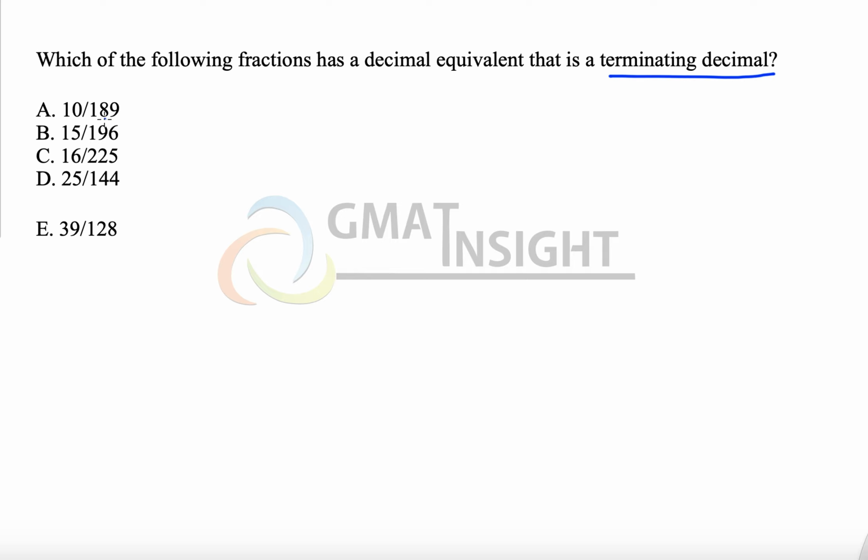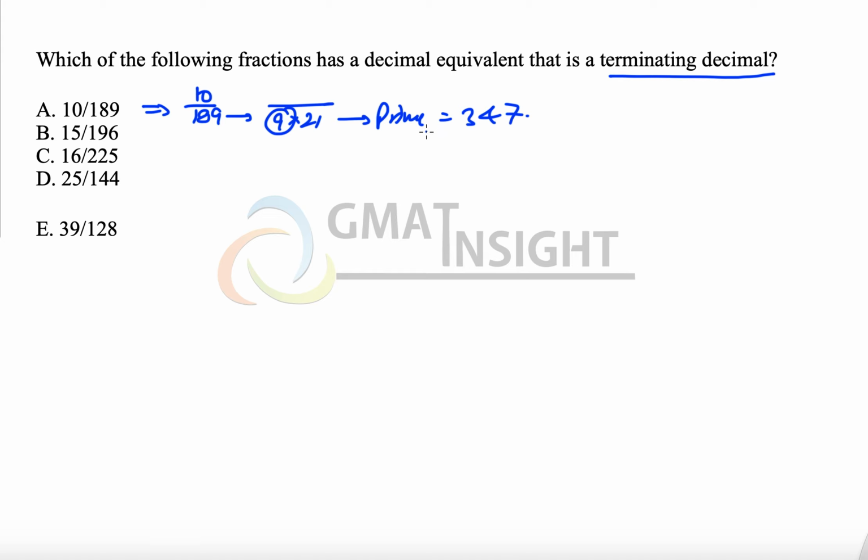So we first of all have to have a glance at all the options, whether they are in the least form or not. 10 over 189 is in the least form, and if you see carefully, the denominator is made up of 9, because 9 into 21, so the denominator has a prime factor 3 for sure, and 7 both.